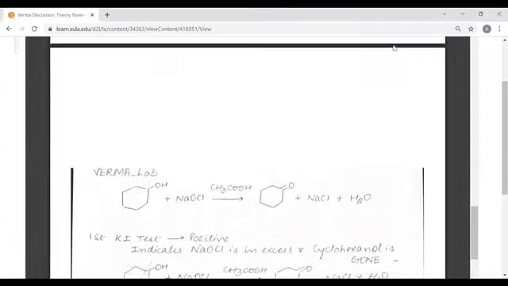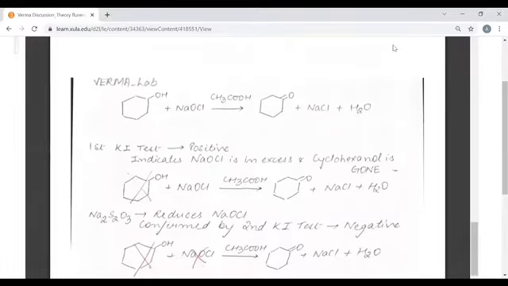During this experiment, we also used workup conditions. So let's just assume that you have this cyclohexanol, which you oxidized. These are going to be your side products.